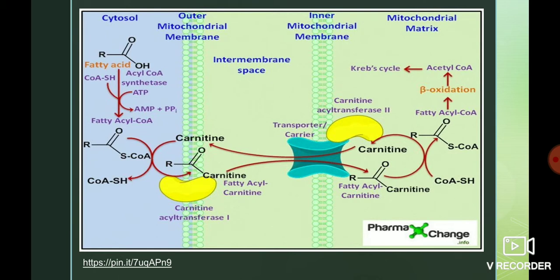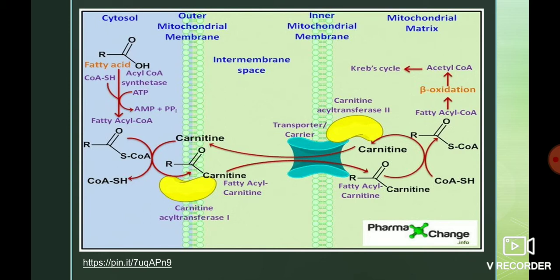The carnitine of acyl-carnitine is again exchanged by coenzyme A, which is present inside the mitochondrial matrix. And that's how carnitine will be separated from the acyl-carnitine and come back out of the mitochondria through a transporter protein to carry other fatty acids.